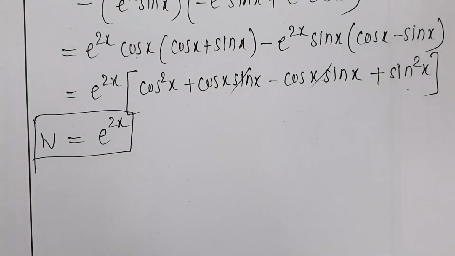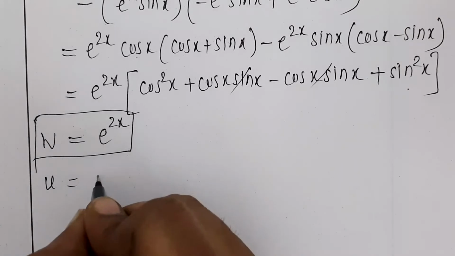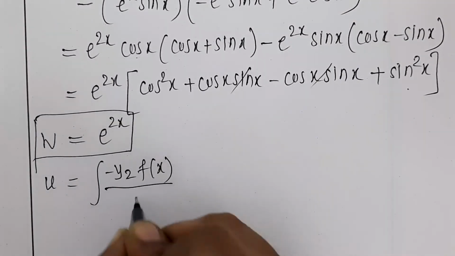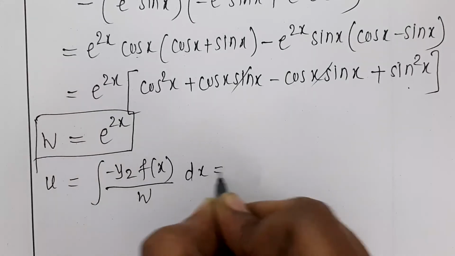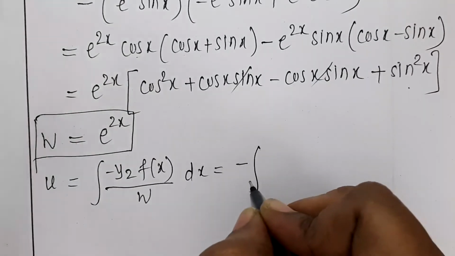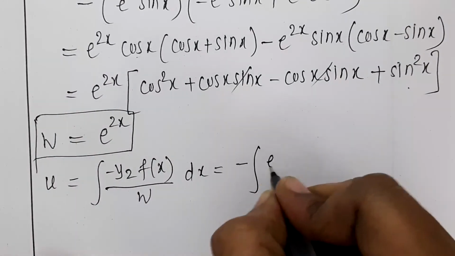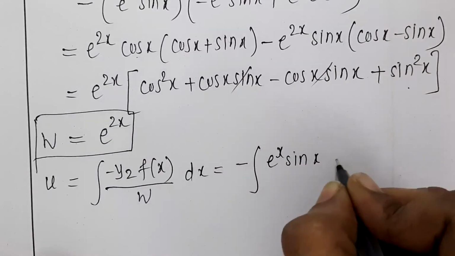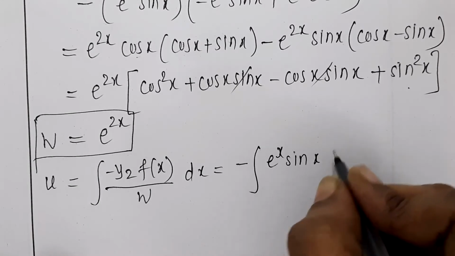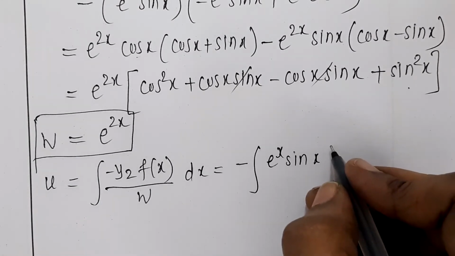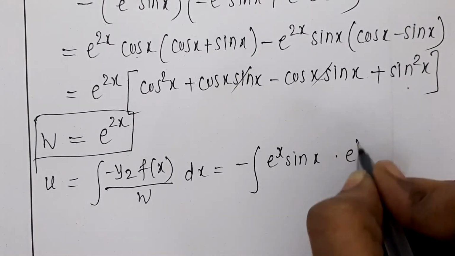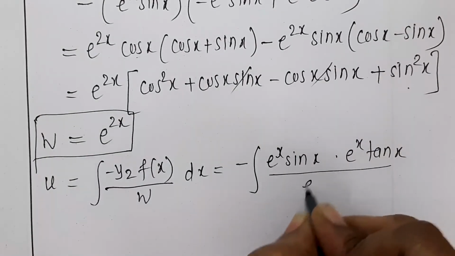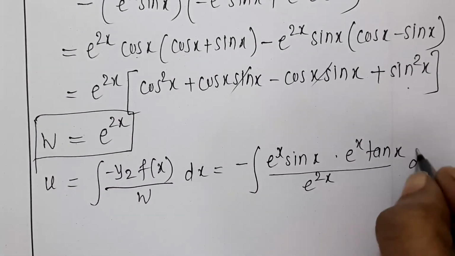This is the value of w. Now we got w, find out u. u is equal to integration of minus y2 f(x) divided by w into dx, which is equal to minus of integration of y2, where y2 is e^x sin x, multiplied by f(x). The f(x) value is e^x tan x, divided by w, which is e^2x, dx.